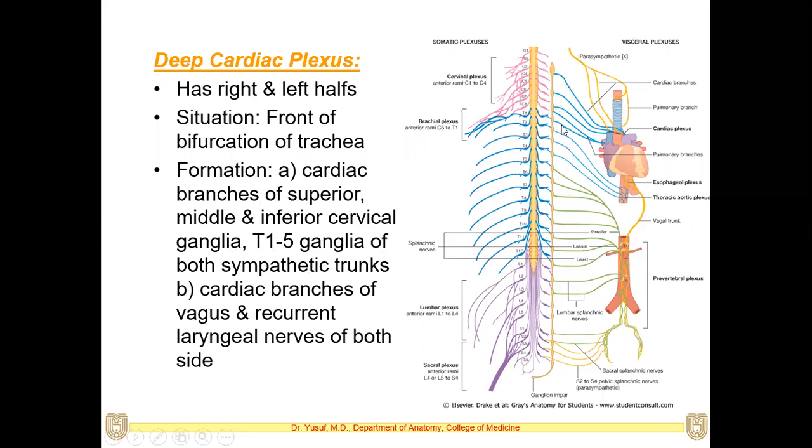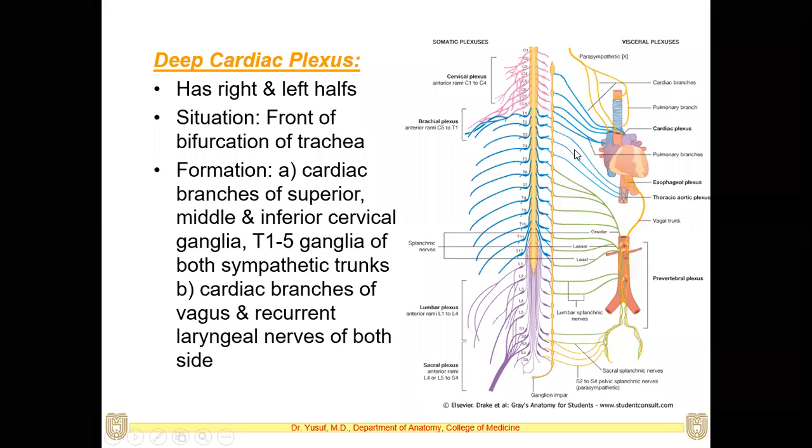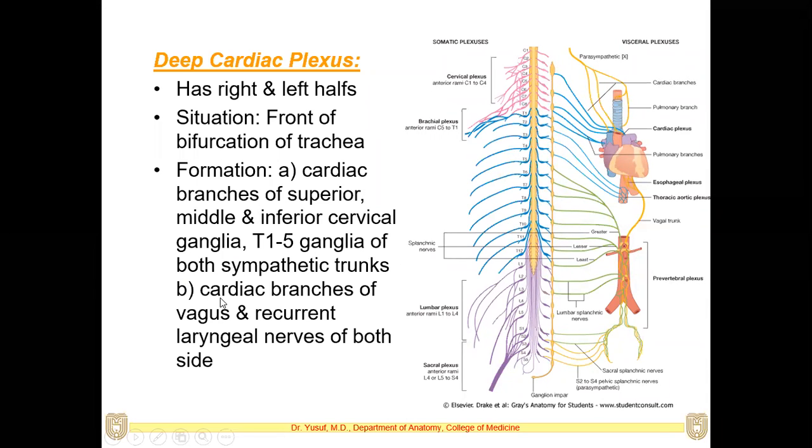All these branches from T1 to T5 also go from the sympathetic trunk to this plexus. Then the cardiac branches of the vagus, there will be a separate nerve coming from here, that is the vagus, and its branch called the recurrent laryngeal nerve of both sides also gives to the plexus, and they all form a plexus here.